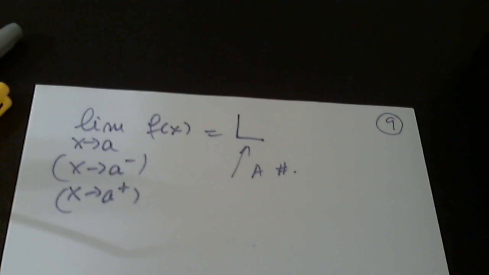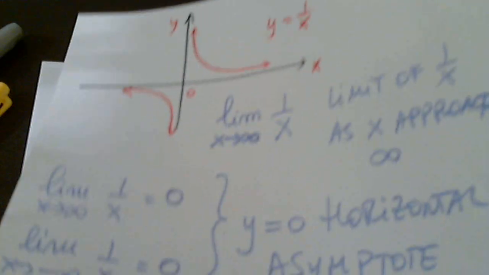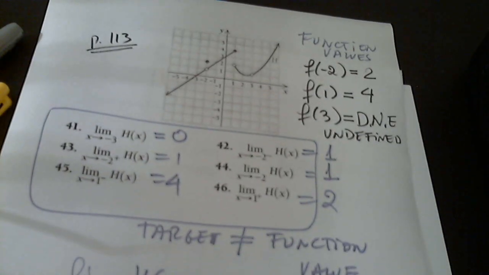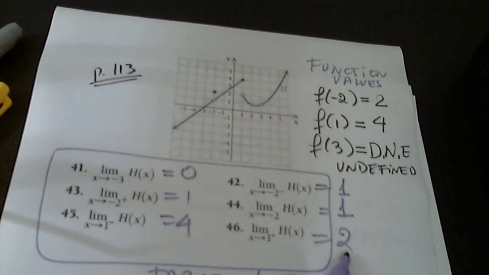It must be a number. If it isn't, like in this case, you couldn't give me a number. We couldn't determine a number because from the left and from the right, they're not the same.